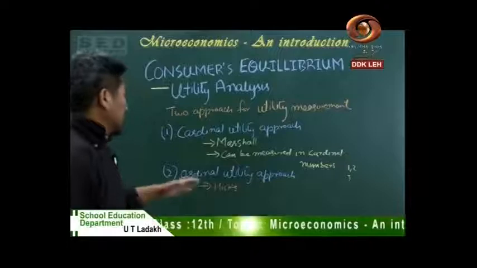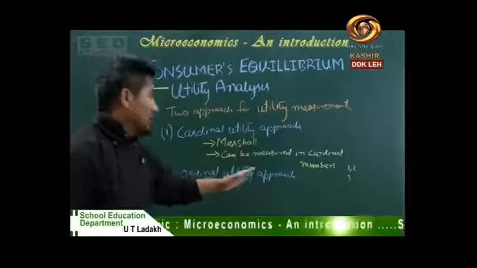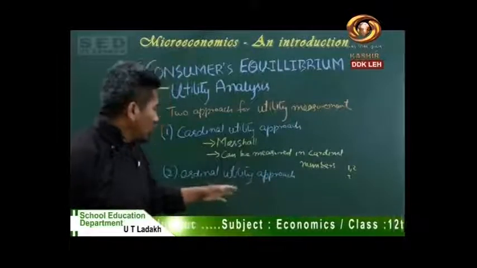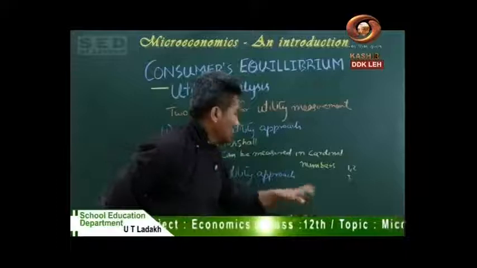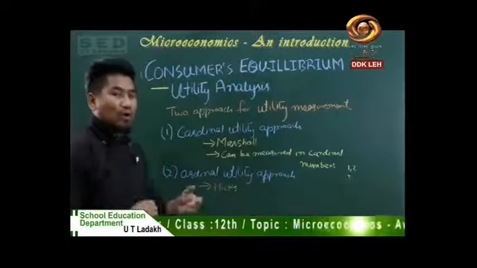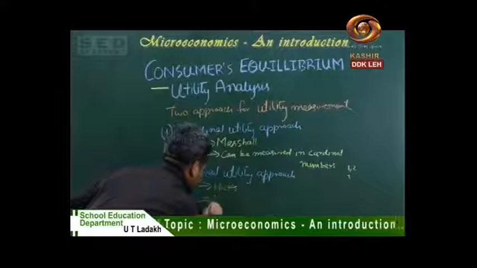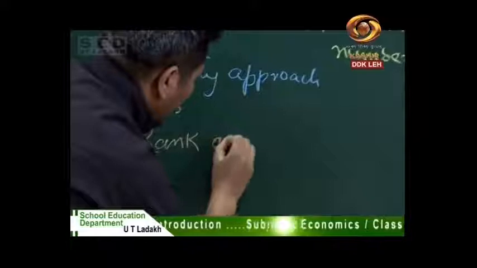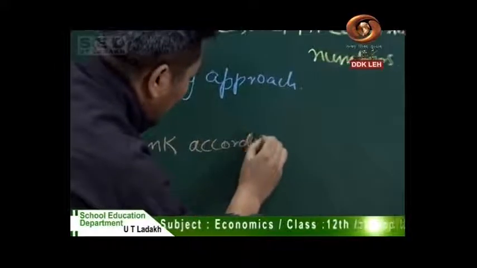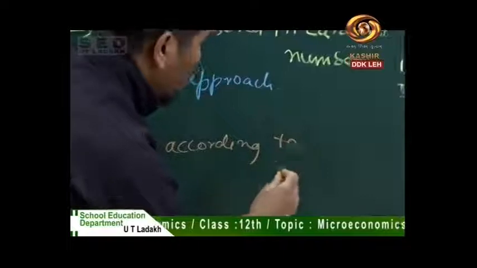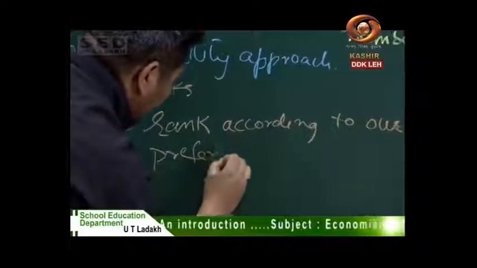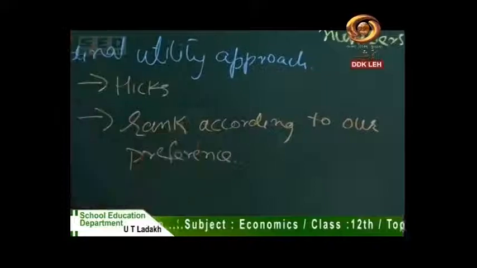According to the ordinal utility approach, he says that utility or satisfaction cannot be measured in exact numbers, but we can rank them according to our preference.